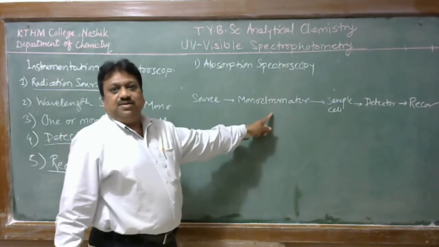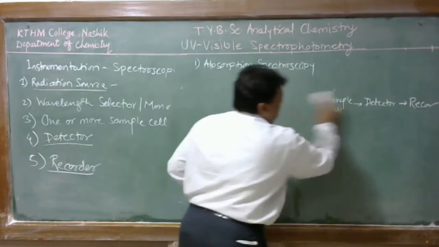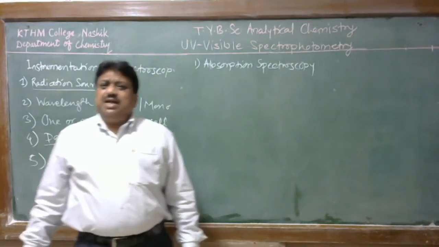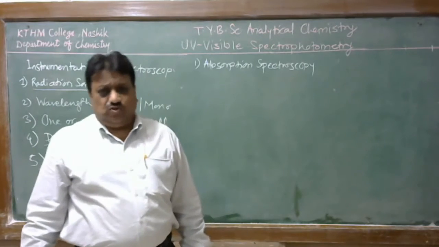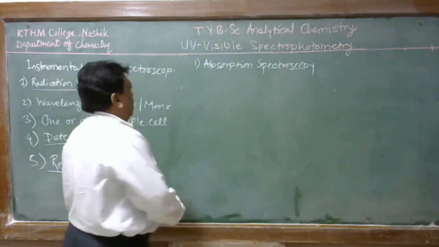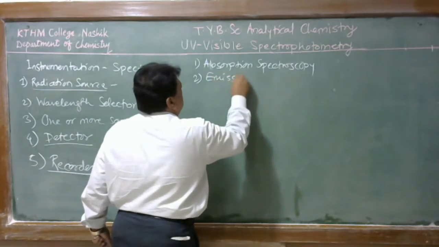Absorption spectroscopy may be molecular absorption spectroscopy or sometimes atomic absorption spectroscopy, but the arrangement is the same. Second type is called emission spectroscopy.